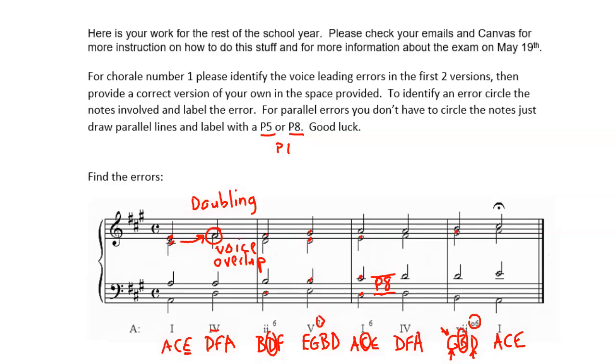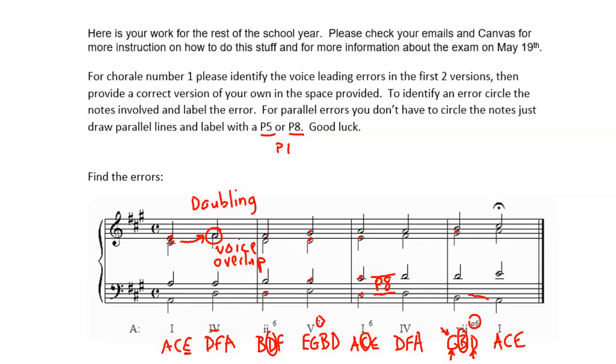Next chord, I've got parallel thirds in the soprano and the alto, and no other parallel motion. Next chord, parallel thirds between the soprano and the alto. The tenor is also parallel with them, which in this case looks like it's probably a good thing where the bass is stepping down, that the other voices are going in contrary motion to the bass. So they are avoiding the parallel octave with the bass that we had in the previous measure.